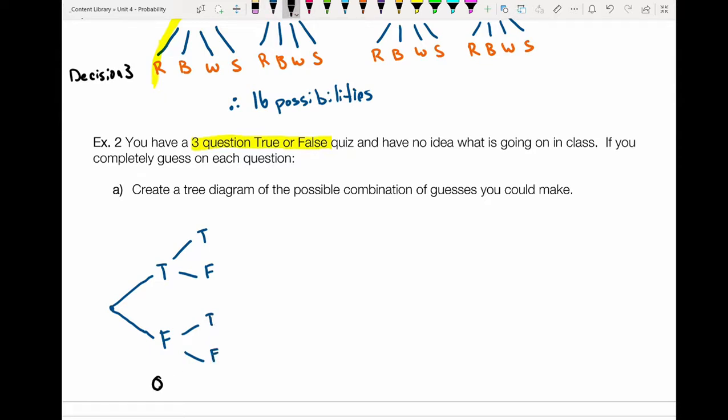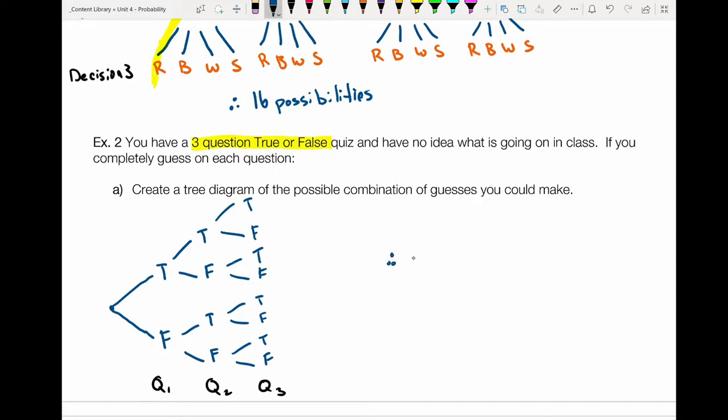This is our question 1, this is our question 2, and then we move on to the 3rd question, where there are again 2 options, true or false, true or false, true or false, true or false. Those are all of our possibilities.